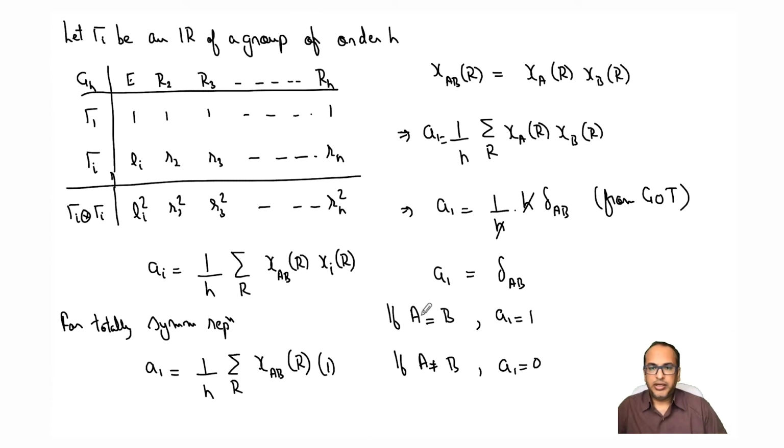In the direct product of an IR representation with itself, where A will be equal to B basically, A1 is equal to 1. A1 means the totally symmetric representation will come only once, and it will always come only once. If the direct product is of two different IR representations, then A1, that is the totally symmetric representation, will never come, right? So that is also easy to see.